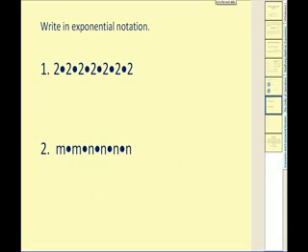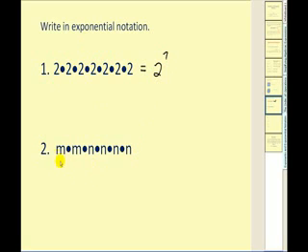Let's go ahead and put this into practice. Write in exponential notation. We know that our factor is 2, so our base will be 2. And the question is, how many factors of 2 do we have? And we can count these. Looks like there's 7 of them, so it's 2 to the 7th power, or sometimes just 2 to the 7th.